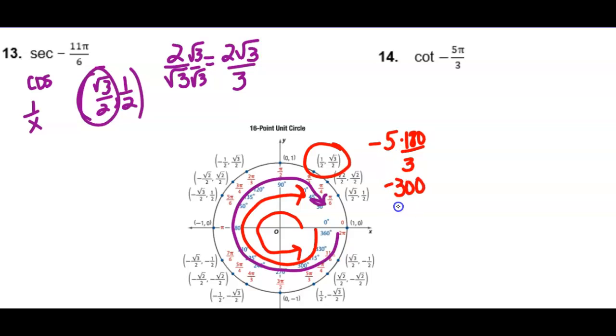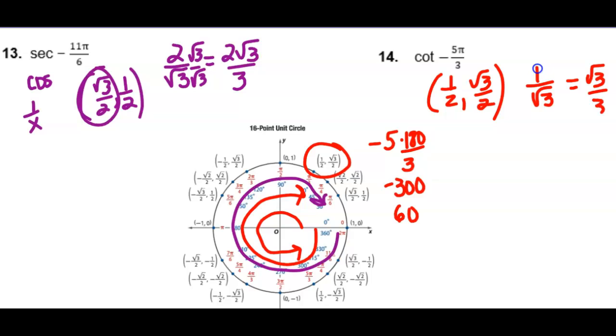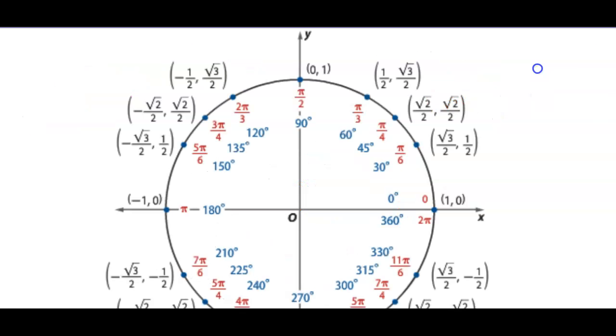And then you add 360 and you get a positive 60, and it's at that spot. Whatever helps you figure out where it is. When it's negative, they're just miserable. Okay, 1/2, square root of 3 over 2 is the ordered pair we're working with. Cotangent is x over y, so we have 1 over square root of 3, which is square root of 3 over 3. Last two? Nope, we're done.